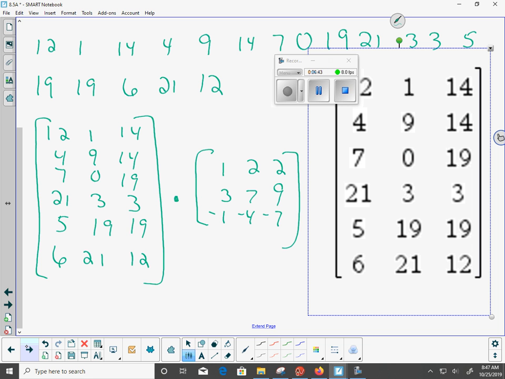Then you're going to write that coded message on another piece of paper with the matrix that you originally used, and the person that gets that will take that coded message, multiply it by the inverse, and decode it.